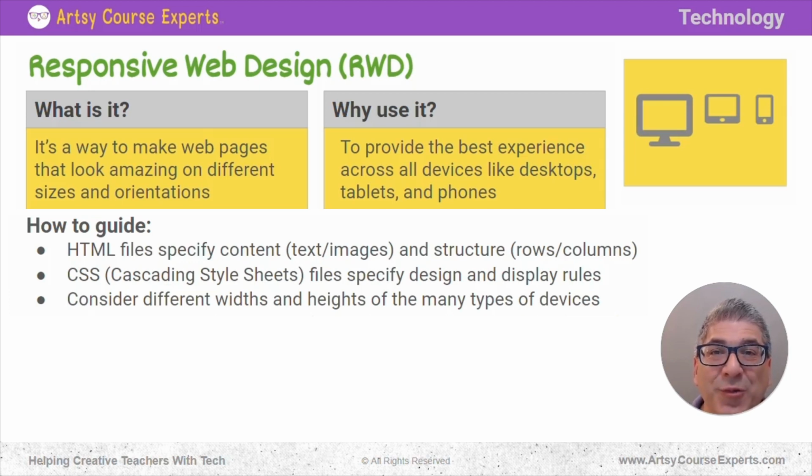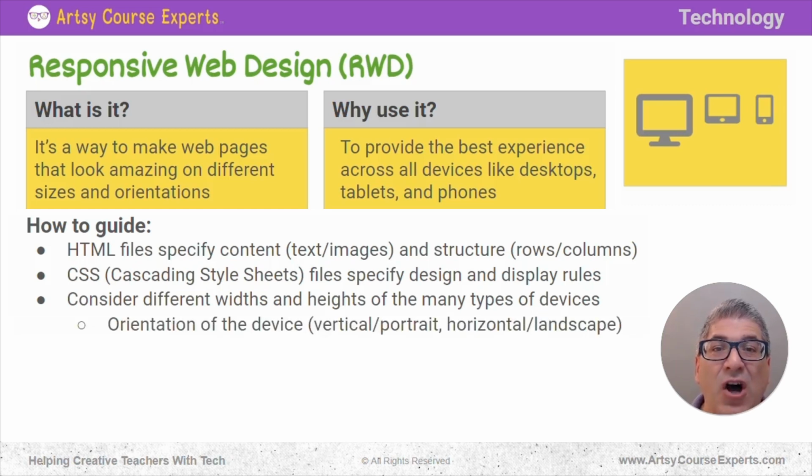In addition to the width and height, the next thing is the orientation. Are you holding that tablet sideways or vertically? If you hold it vertically, you're going to have a more narrow width, but it'll be longer. If you hold it landscape format, it'll be wider, but the height will be shorter.